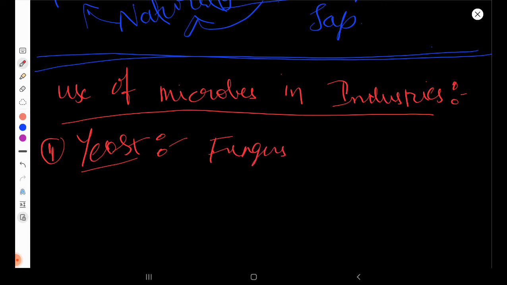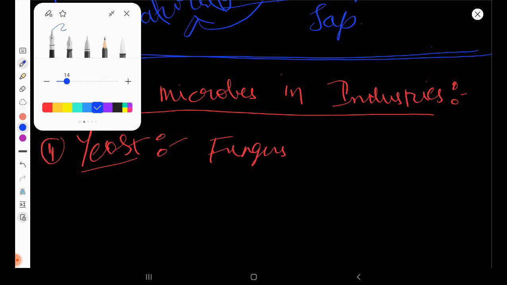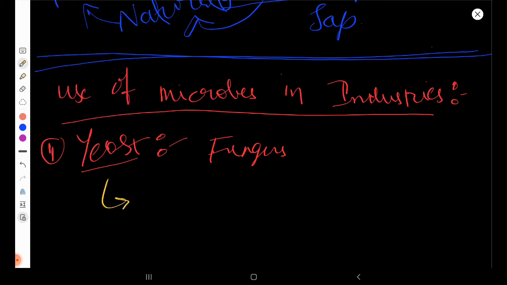This yeast is used in the process of preparation of ethanol, industrial ethanol. Let me write it. Ethanol production.